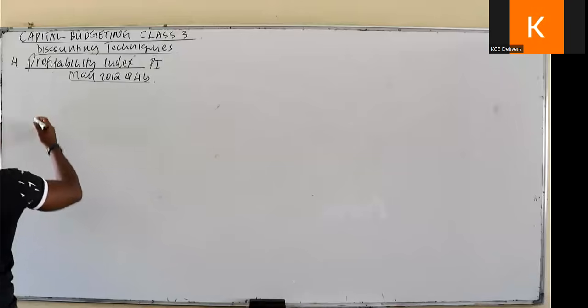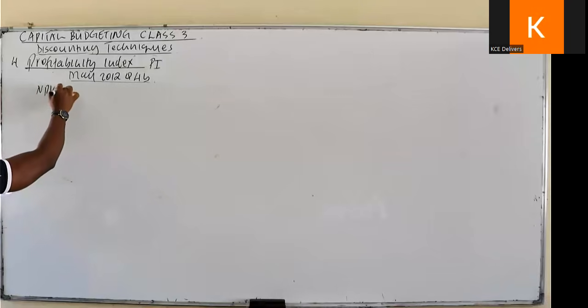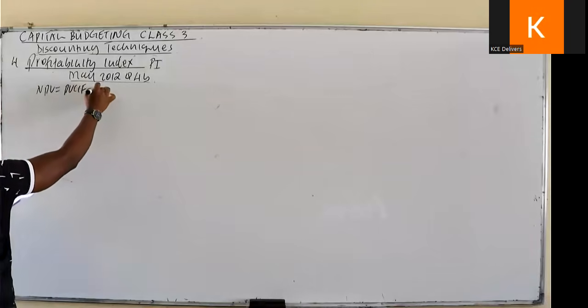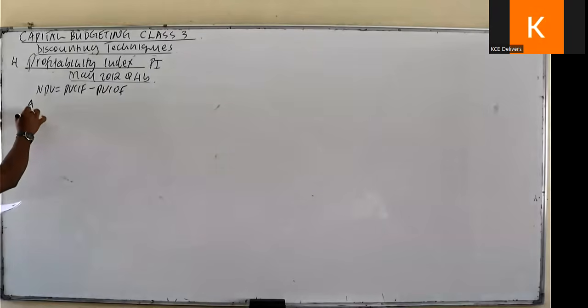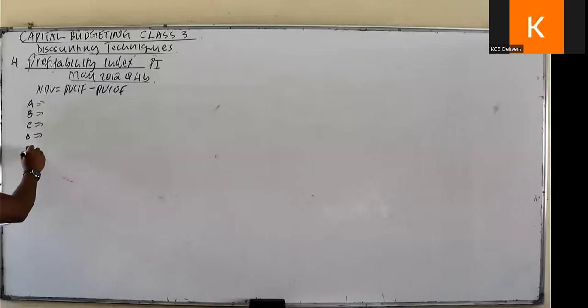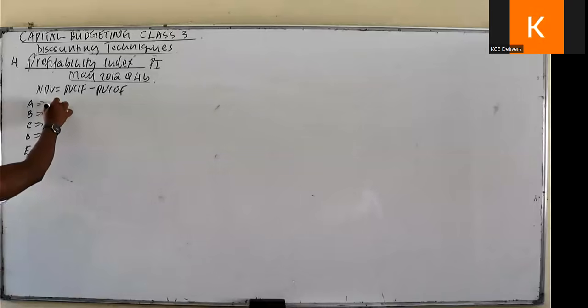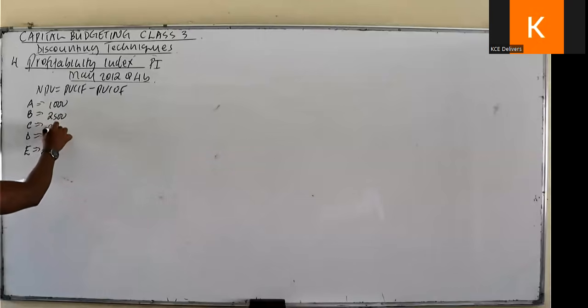So use the net present value, which is the present value of cash inflow less the present value of cash outflow. So you have project A, B, C, D, and E. You take the present value of the future net cash flow: 1,000, 25, 300, 400, 300.